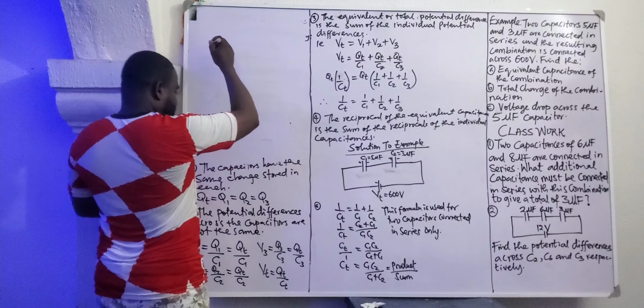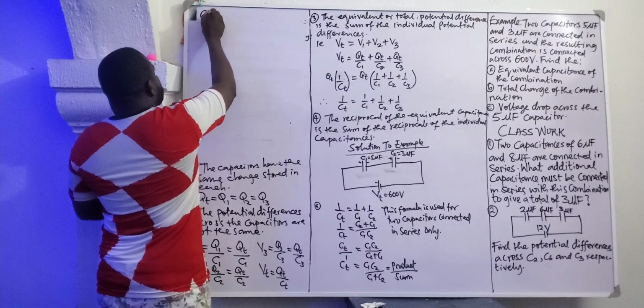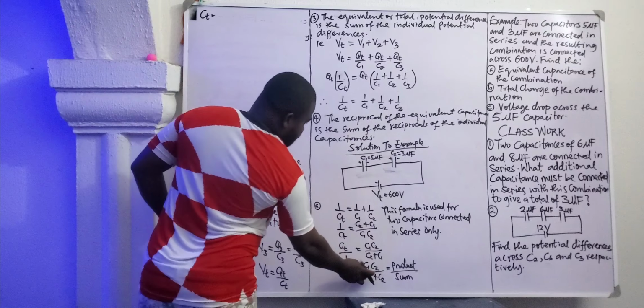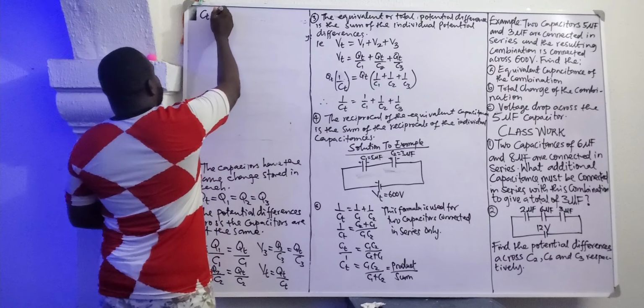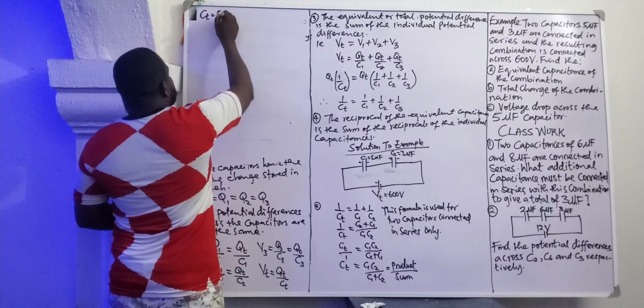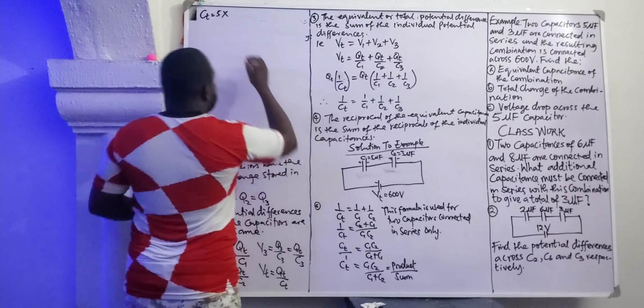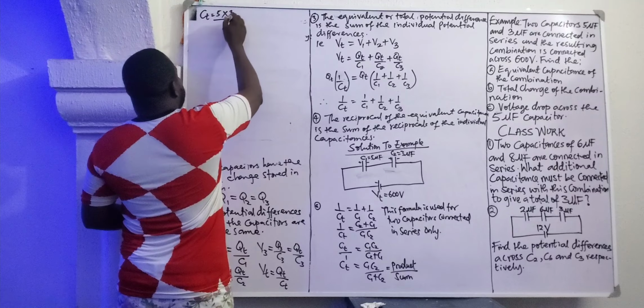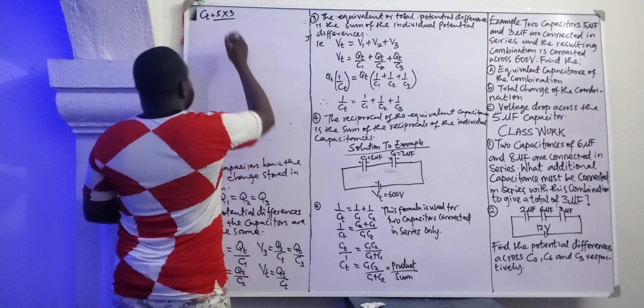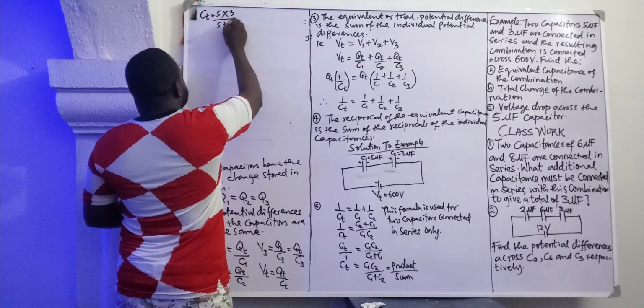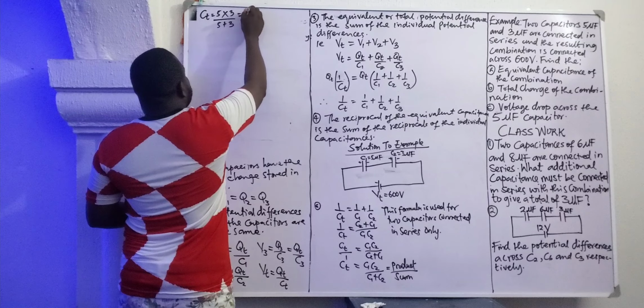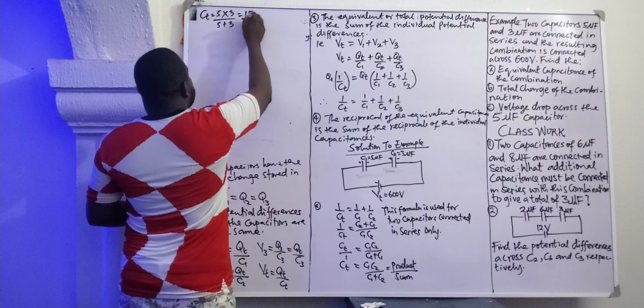So I have CT, therefore, remember C1 is 5 microfarad. So I have 5 times C2, which is 3 microfarad, divided by the sum, which is 5 plus 3. This will give me 15 over 8.